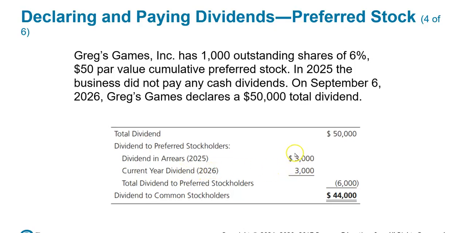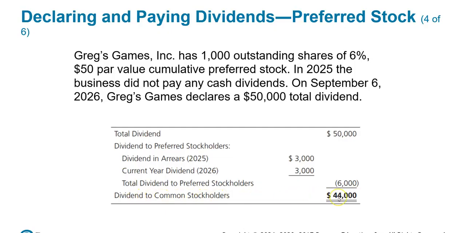So preferred stockholders get their $6,000 dividend. That covers the $3,000 in arrears from the year before and the current dividend. Subtract that from this year's total dividend of $50,000. $44,000 is available to the common stockholders.